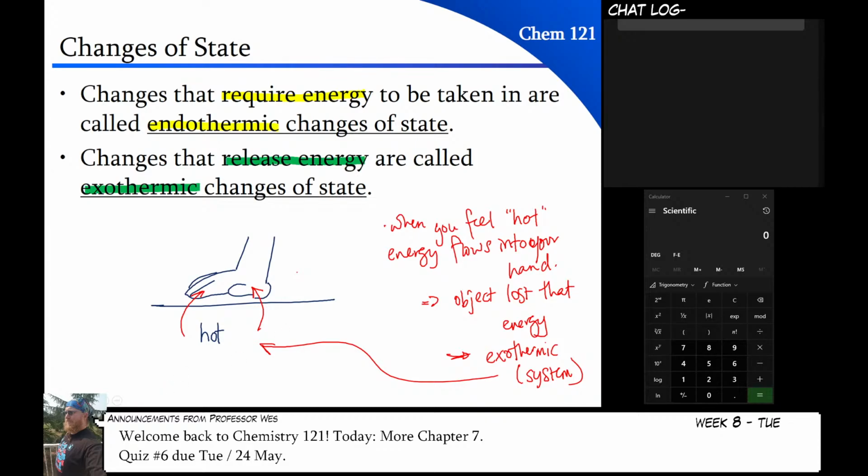Now, what happens if you do the opposite process? So let's say that the object is instead cold. Where does the energy go now? Well, in this case, the energy leaves you and enters the cold object.